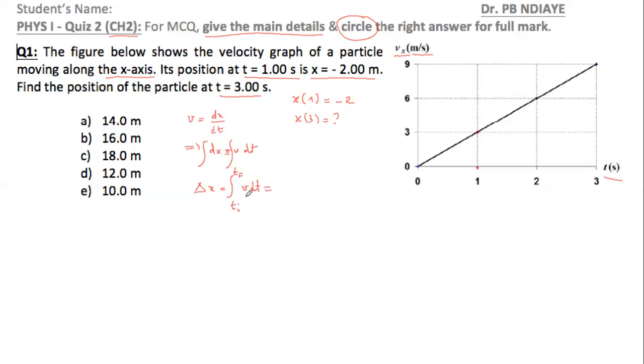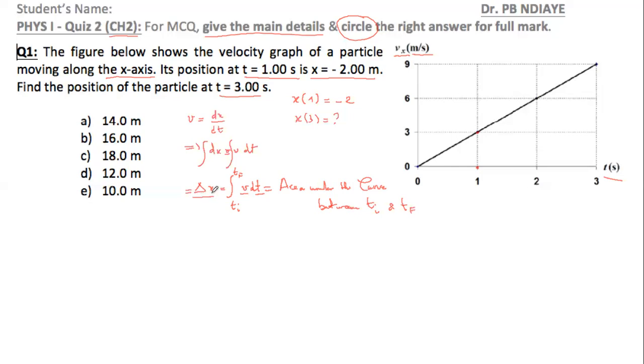As we said, this is an area under the curve, which curve? Velocity time graph, v as a function of time, between 2 points. What are these 2 points that are the boundaries? t initial and t final. And this gives me delta x.